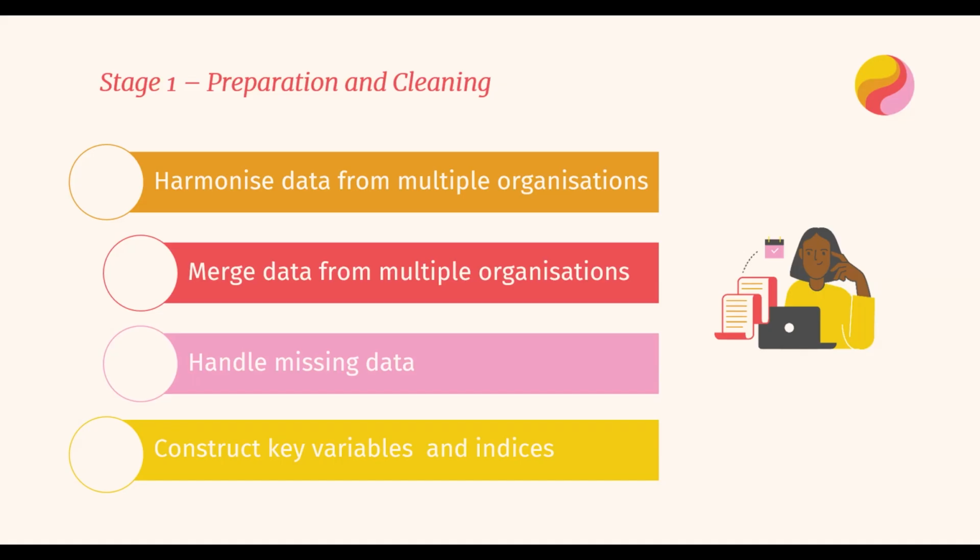We handle missing data, how to detect it, and what decisions we can take about it. And we construct some key variables and indices that are not in the raw data from GEAM, like I mentioned before, a flexible work scale, a job satisfaction scale, or something like that. So those are the general aims of this stage.